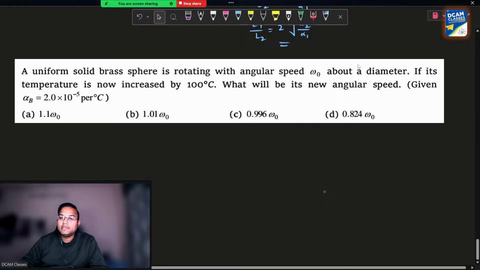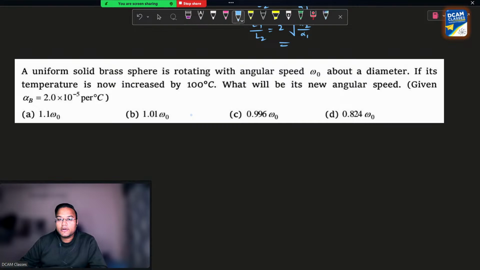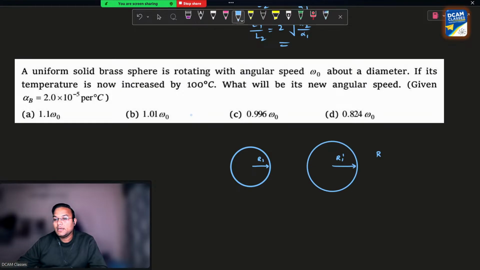So when we increase temperature, the radius of the sphere gets increased. Initially it was r1. Now the radius has increased to r1 dash, and r1 dash is equal to r1 into 1 plus alpha delta t.